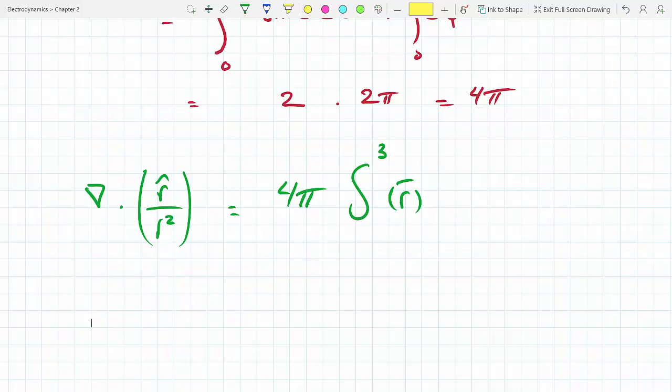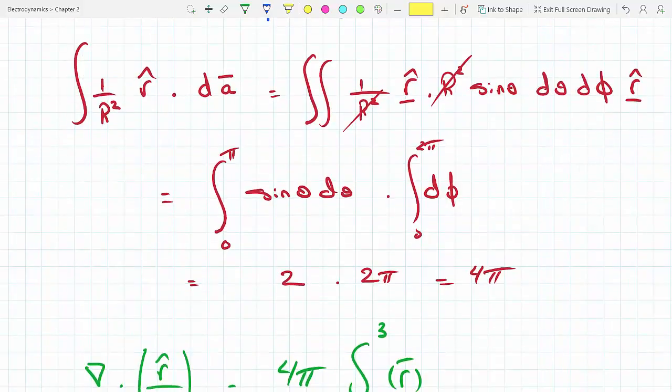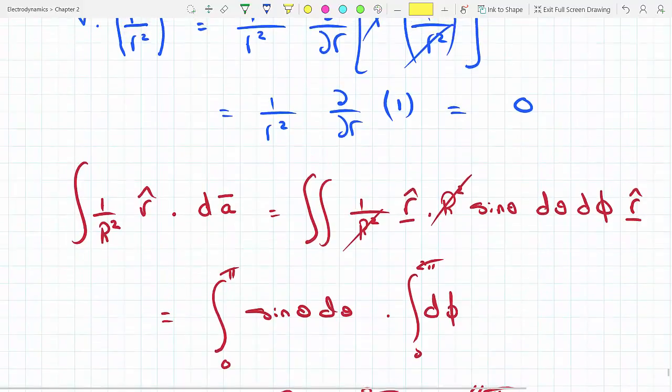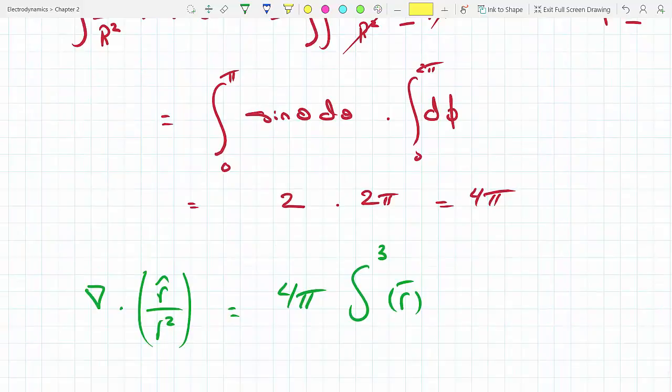And if you integrate it over the volume, which we did, you get 4 pi. These are the exact definitions of a delta function. So based on these two results, we say, okay, 0 everywhere else. Oh, wait, except at the origin. At the origin, it's 4 pi. Therefore, my divergence will just be 4 pi times the delta function of r.